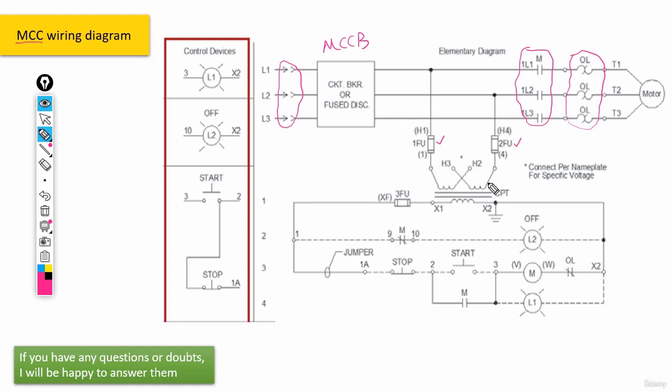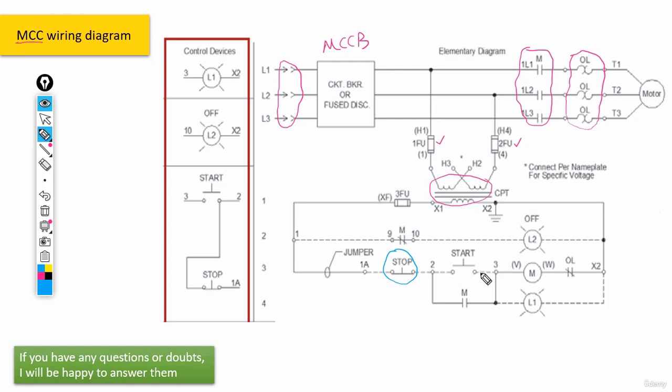Then right after we have this transformer, a step-down transformer, which decreases the voltage for feeding the control circuit. As you can see, there's another fuse here. And then everything is connected to the control circuit. Now, regarding the control circuit itself, we have this stop push button, and it is actually quite the same as before.